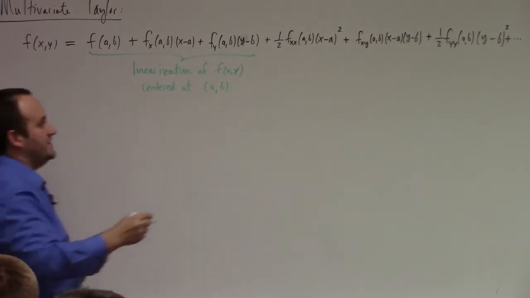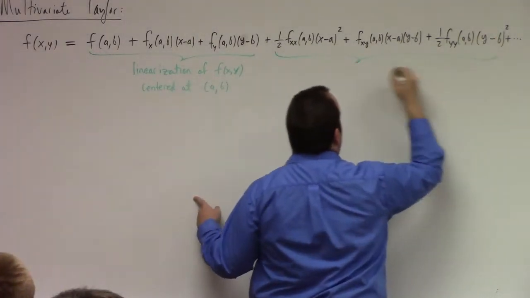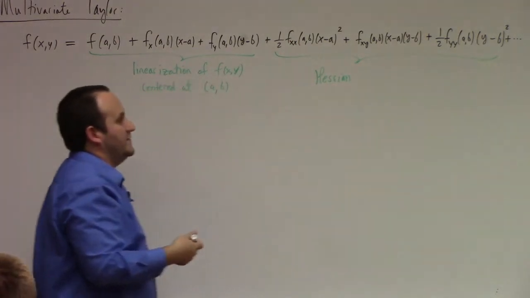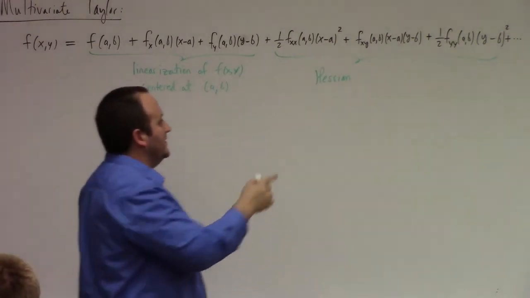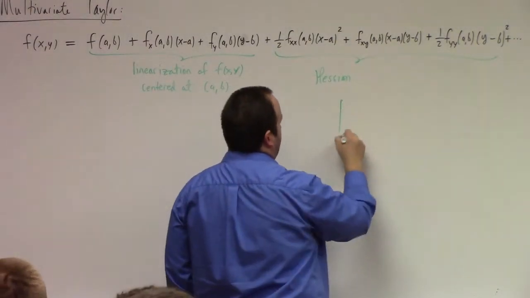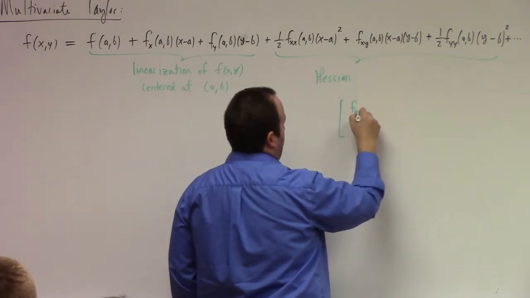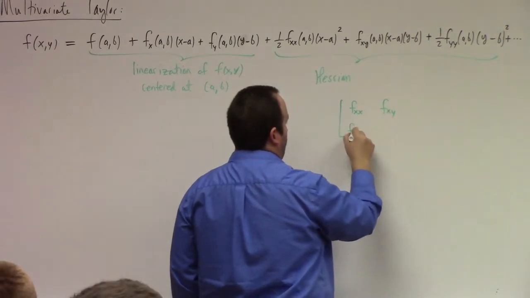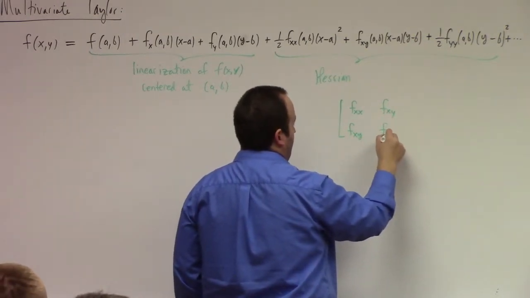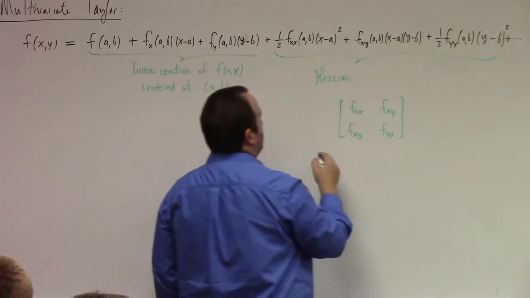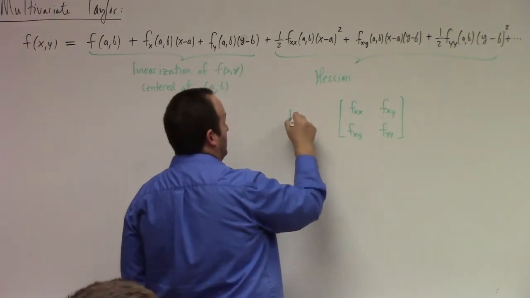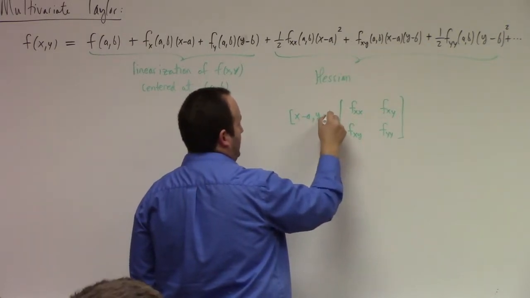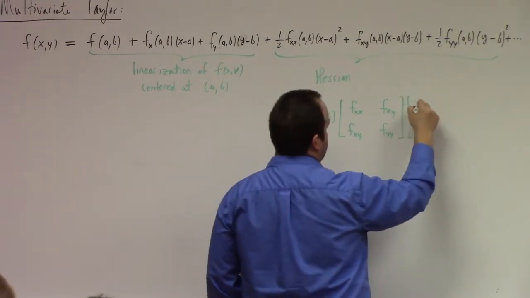What's the next piece? This next piece is the so-called Hessian. Sometimes the Hessian is reserved for the matrix that corresponds to this. But you see, I could rewrite this as the matrix fxx, fxy, fxy, fyy, times the vector x minus a, y minus b, times this.